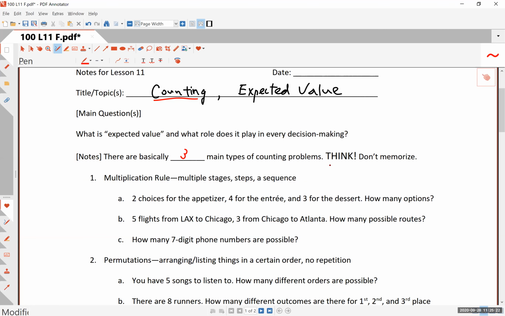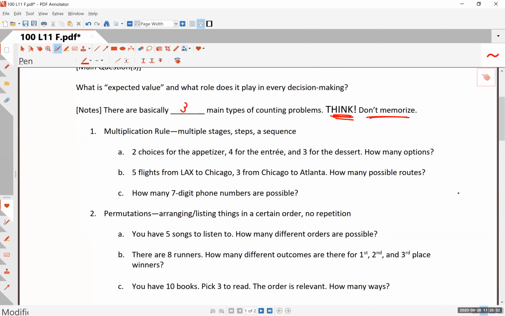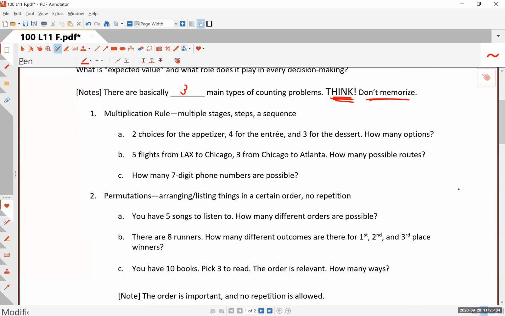And I'm going to give you some formulas, but I really want you to think. Don't try to memorize a whole bunch of things. In fact, if you look in books, including our textbook, it'll give you formulas and it'll tell you when to use formulas. That's a bad way of learning this stuff. I want you to be able to critically think so that you know which problem to apply, which formula to apply.